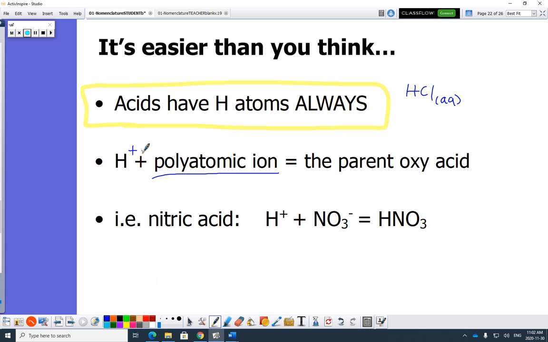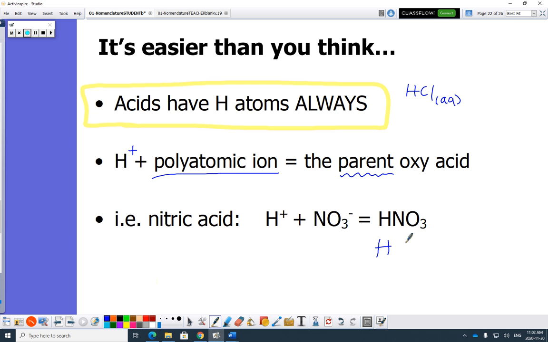So you take the polyatomic ion, and again, sometimes it's called a parent. So what's on the periodic table we call the parent form. So nitrate is NO3, so it makes the parent acid HNO3. So nitric acid, you've just crisscrossed, they're both ones.